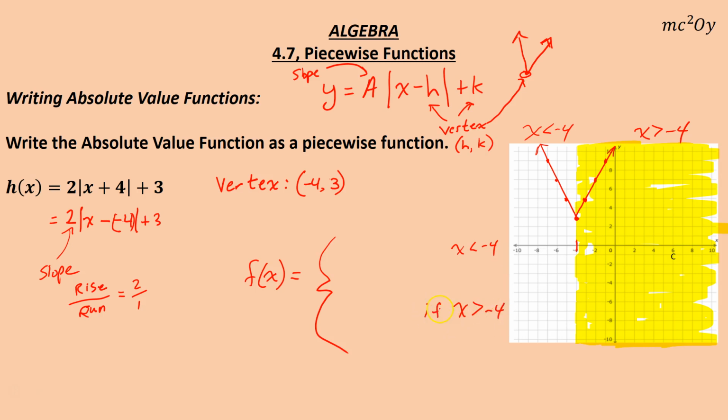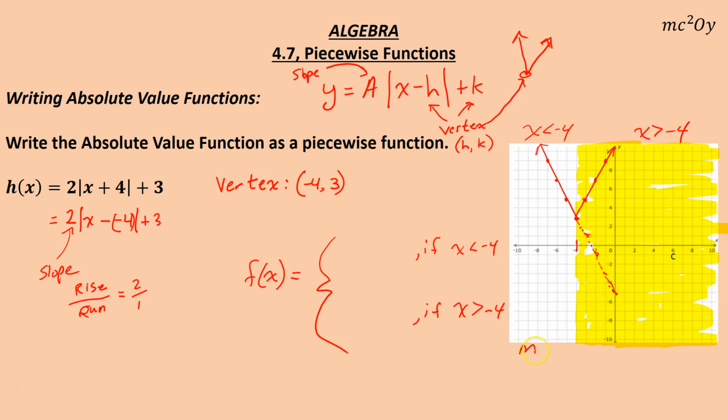Once again, I kind of work backwards. I can look at the equation of this line, and I'm going to go ahead and extend it. So go down 2 over 1, down 2 over 1, down 2 over 1, down 2 over 1. Notice if I extend this line out, it would hit the y-axis right there at -5.